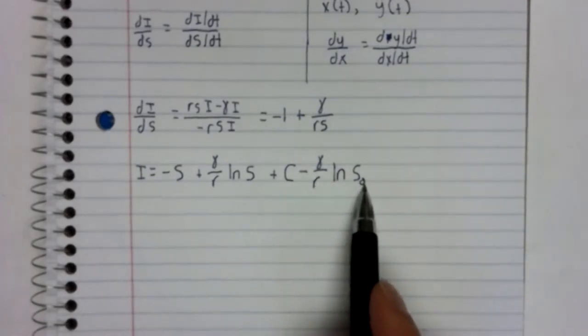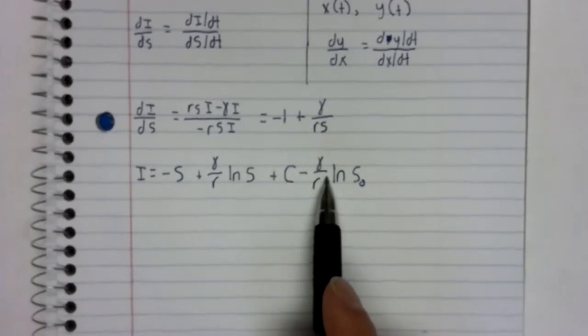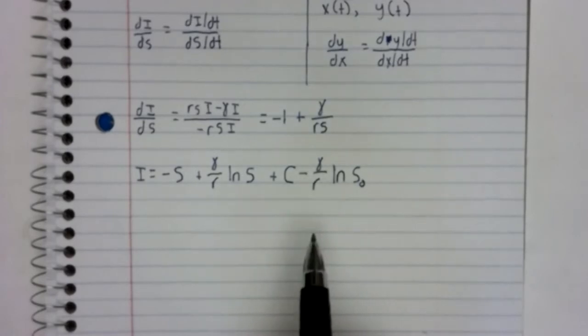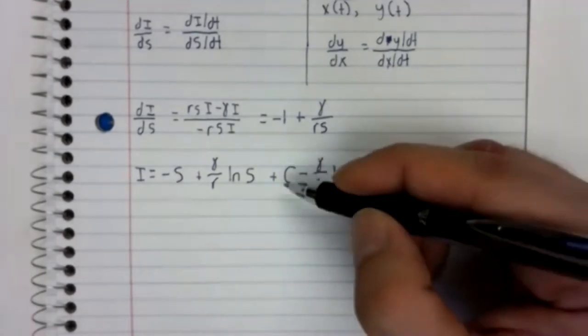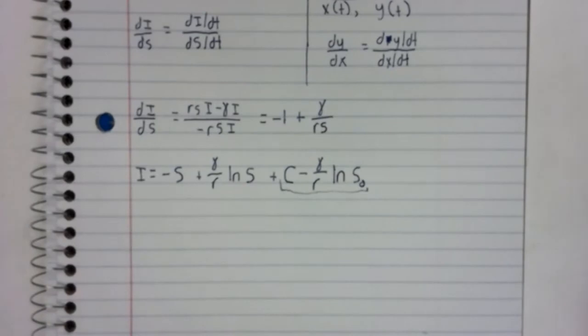This is some fixed constant. An arbitrary constant minus a fixed constant is still an arbitrary constant. This could be any real number. It really is a totally arbitrary constant of integration.